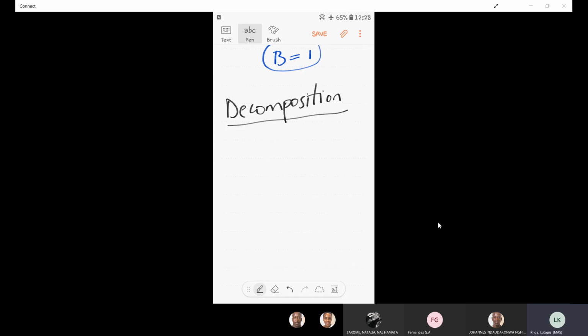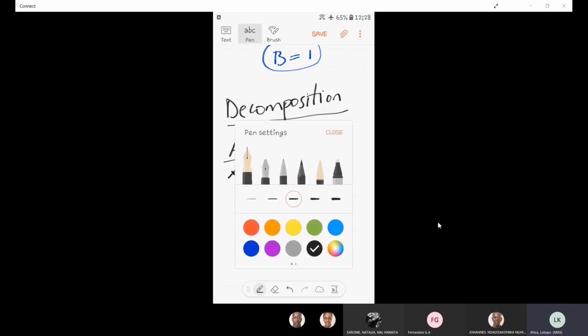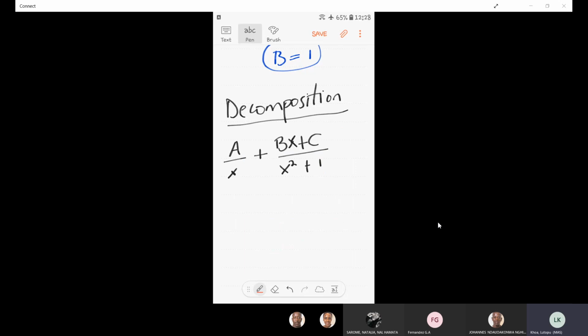we said I have, this is how it looked like. It was a over x plus bx plus c over x squared plus 1. Then I'm just going to substitute the values of a, b, and c. So a is 1, we said, b is 1, c is also equal to 1.